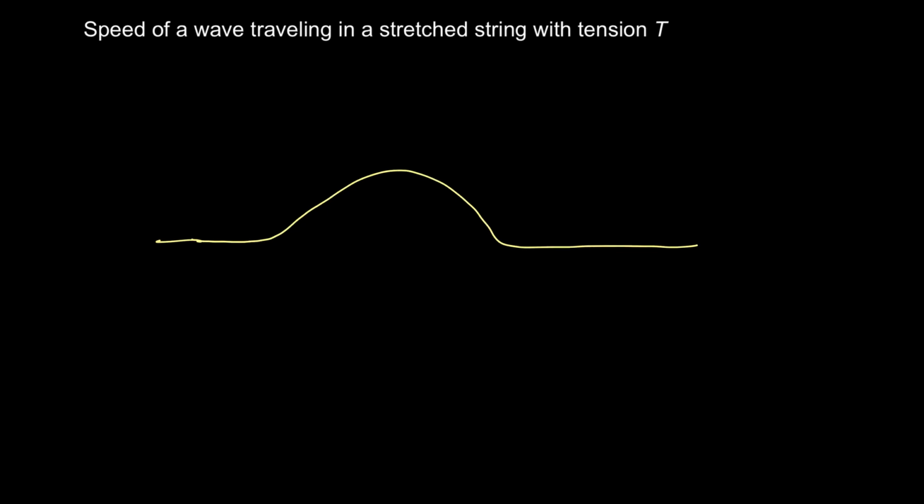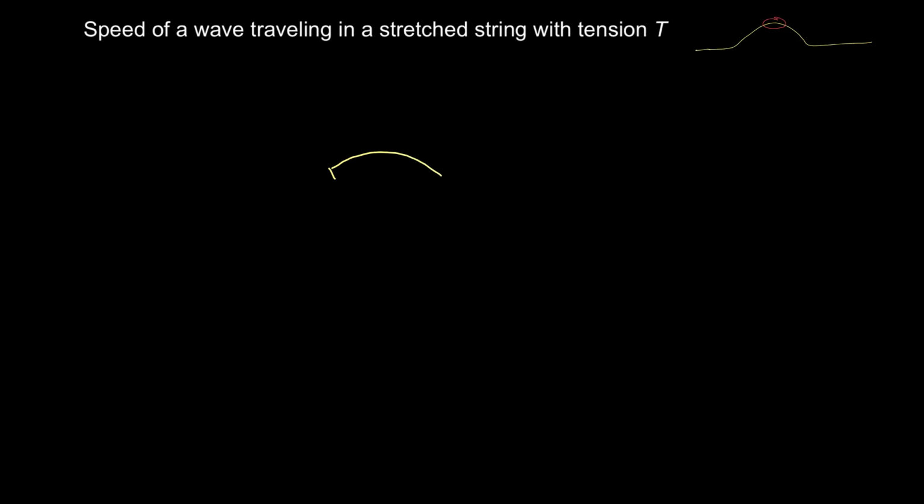Now, let's take a look at what's happening in this very small piece of the wave right about there. So we're going to zoom in on that, and let's draw another diagram for that. Okay, so here's our piece of string or rope.